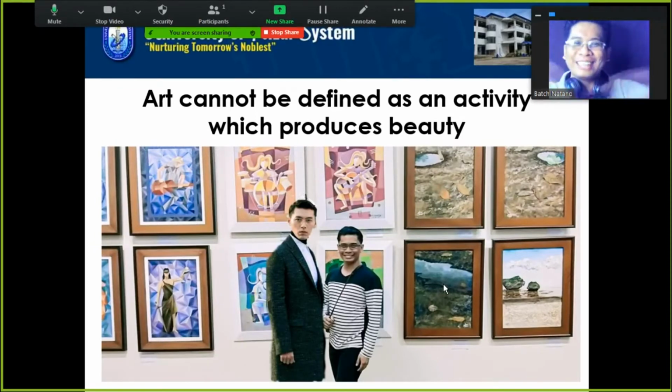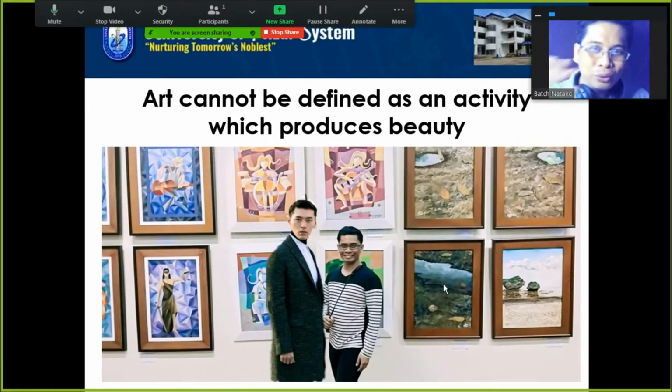But, ang gusto ko lang talaga dyan is for you to see the paintings beside us at our back. Okay, art cannot be defined as an activity which produces beauty. Kung mapapansin naman natin talaga na aside sa akin na beautiful dyan sa photo na yan, if you're going to look at the paintings at the back, napakaganda, diba?